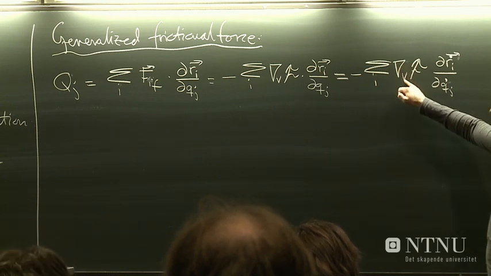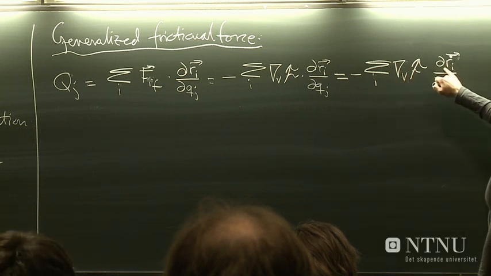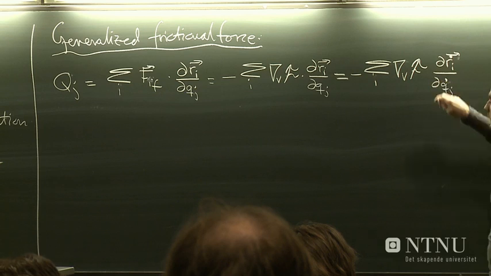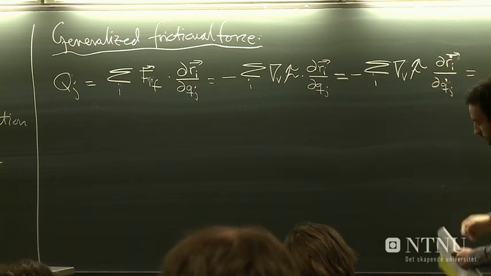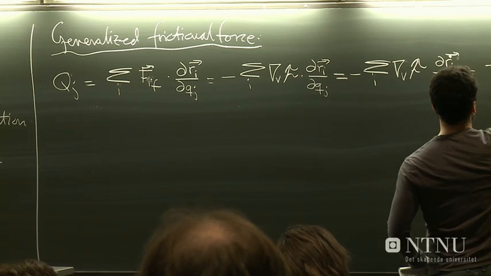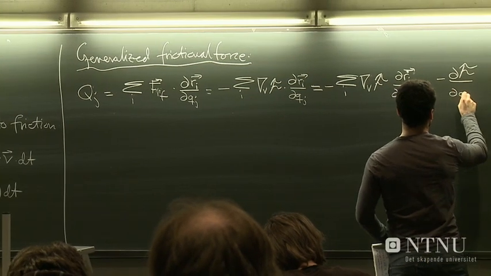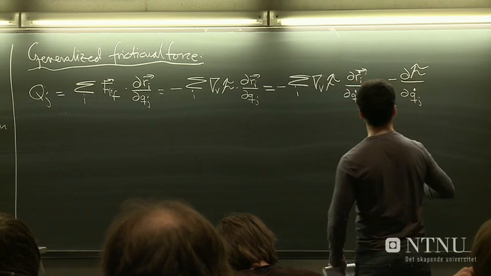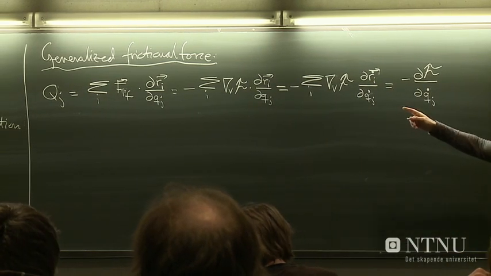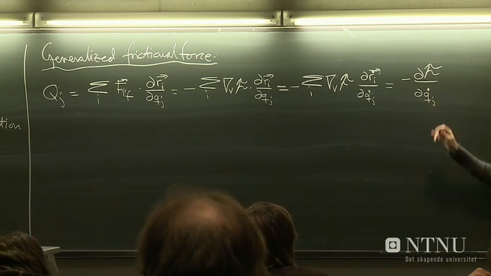This is a gradient with respect to velocity. And here we also have velocity, because it's a time derivative of r. So this means that the generalized force for friction is this.